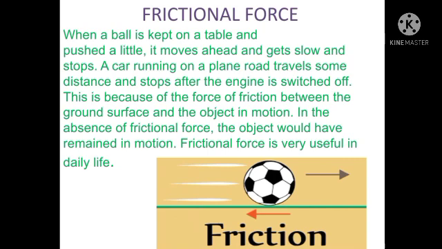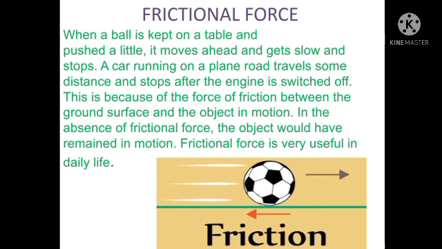This is because of the force of friction between the ground surface and the object in motion. In the absence of frictional force, the object would have remained in motion. Students, if friction were not created between the ball and the table, it would keep moving and moving, and the ball would not have stopped.